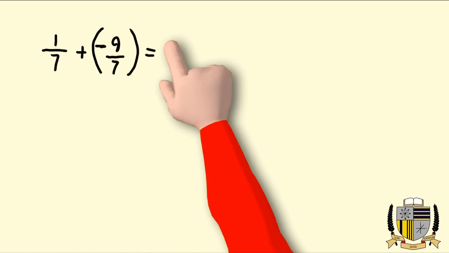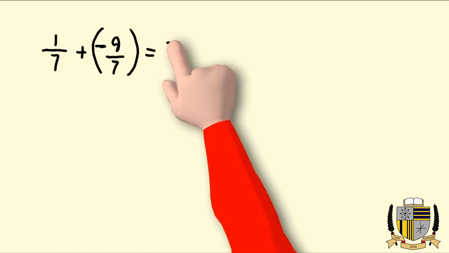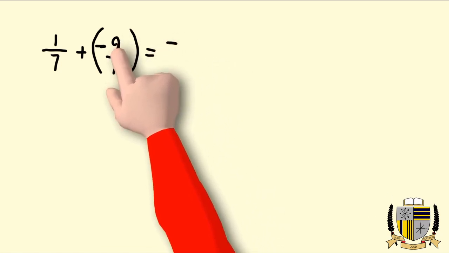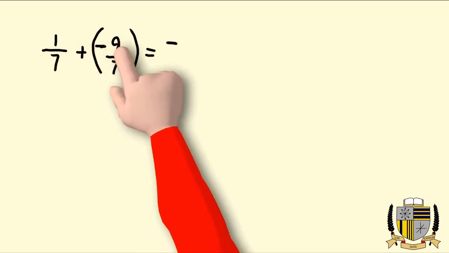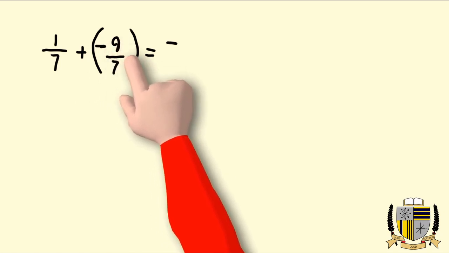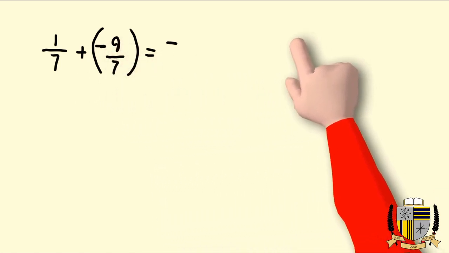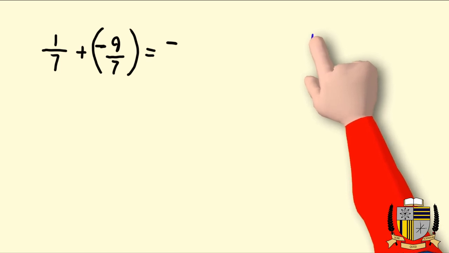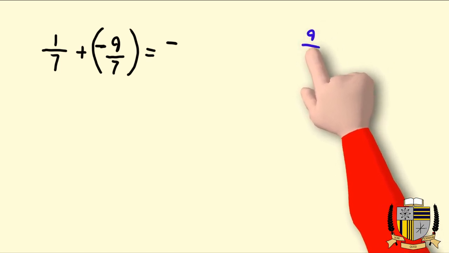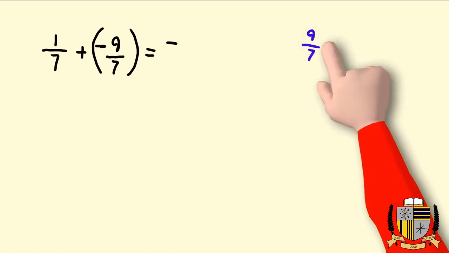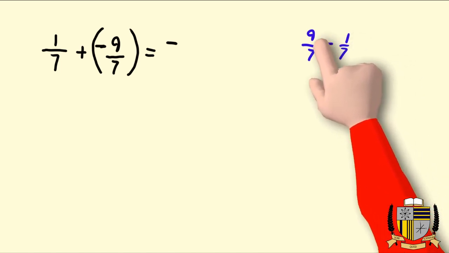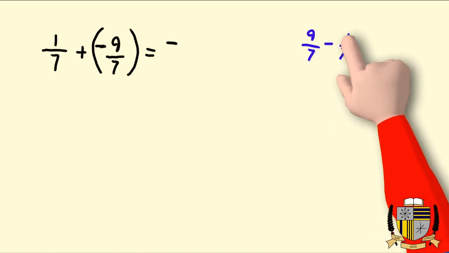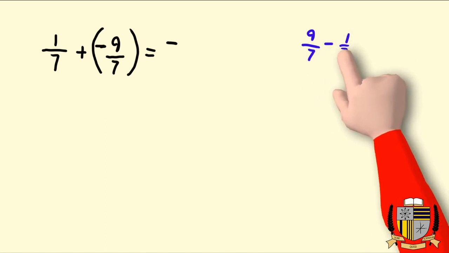So the answer is going to be negative because we have a negative 9/7, and the 9/7 is bigger than 1/7. And then what's the difference between them? Now I'm going to write on the side, right? So this is the difference between them, right? So you're going to look at it like this. I have 9/7, and I'm taking 1/7 out of it.